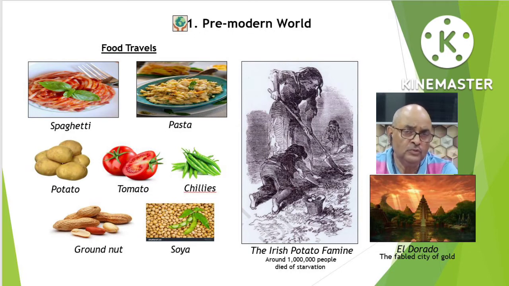Okay. The discovery of America led to the enhancement of wealth of Europe. European countries like Spain and Portugal were very greedy for gold and silver. They expected huge quantities of gold in South America. Actually, Europeans believed that somewhere in this new land there was a place of immense wealth, the city of gold known as El Dorado.